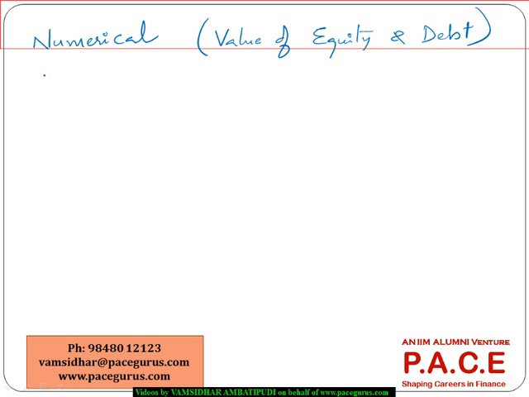So at this point, let's say the value of the firm is $100 million, and the face value of the debt I am assuming is 75 million, with a maturity period of 5 years.